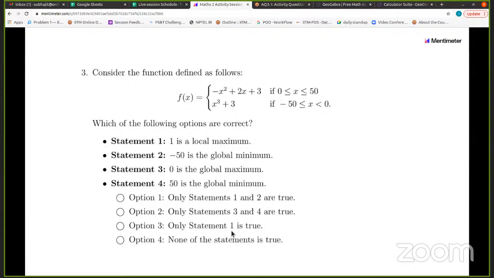From 0, I use the quadratic equation on the right side and the cubic equation on the left side. Then I saw that at 1 there is a maxima, because the quadratic graph and after that the whole graph is decreasing, except at 0, which looks like a point of inflection.